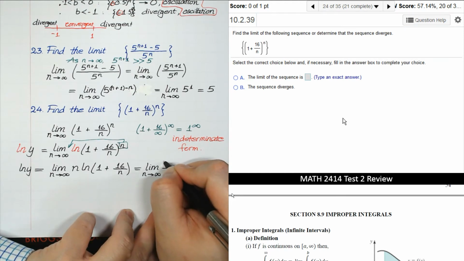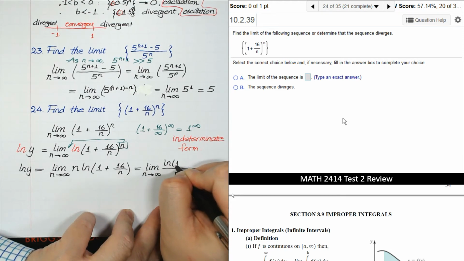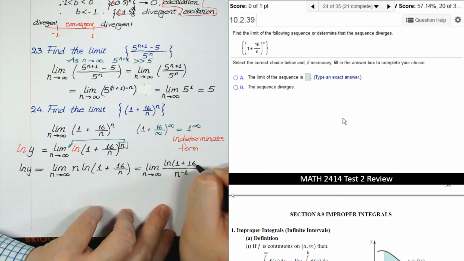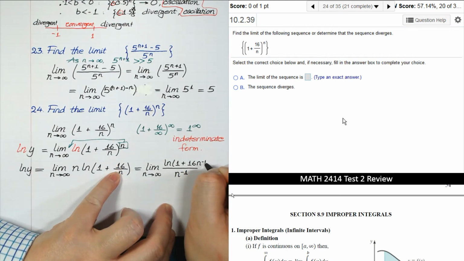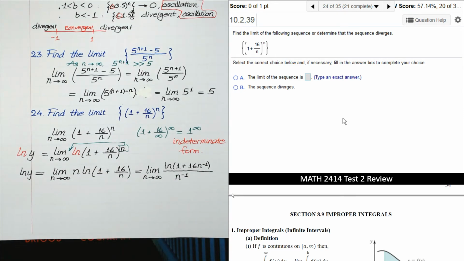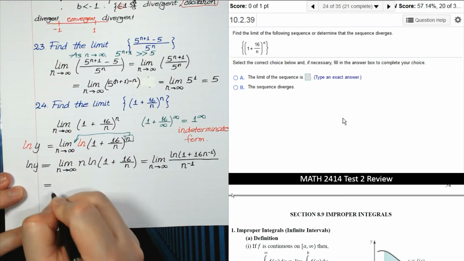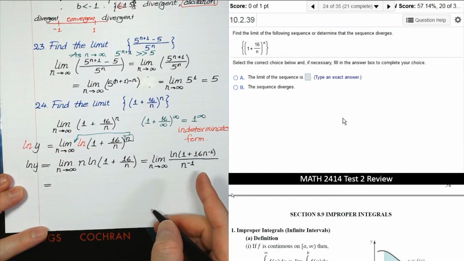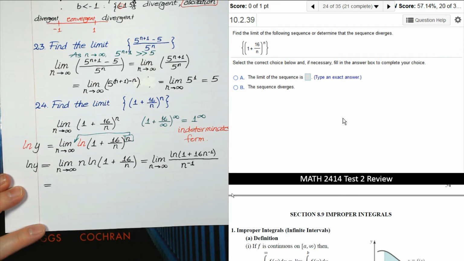And on the top we have ln of 1 plus 16 n to the -1. Now that's better. Now we can use L'Hopital's rule.